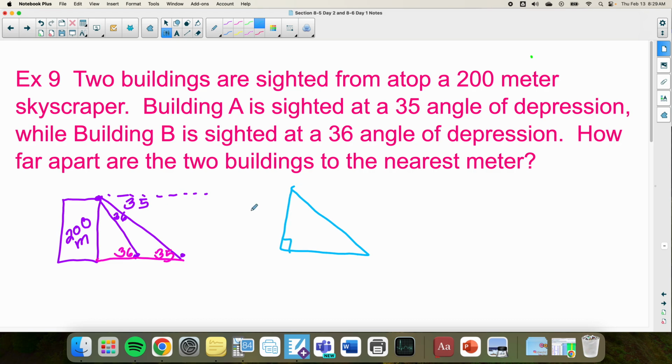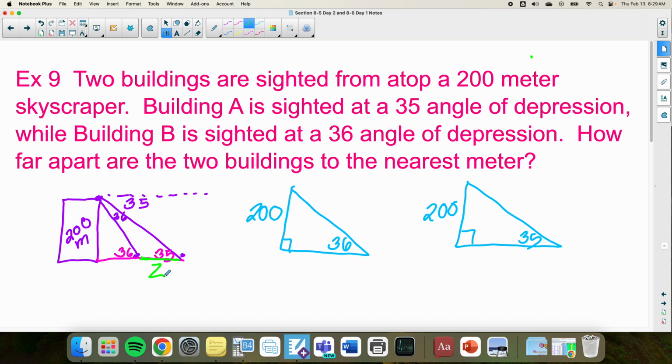You know this is 200, and you know this is 36 degrees, and then you have another one which is 200, and this one is 35 degrees, and what you want to see is how far apart these two right here are.